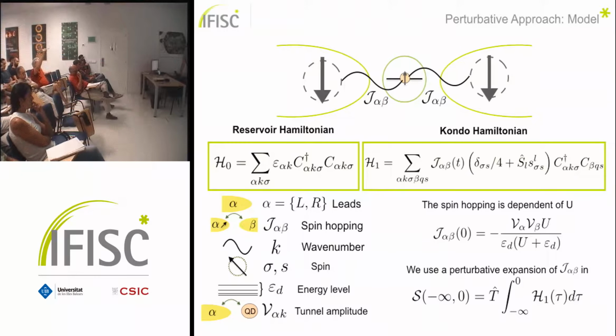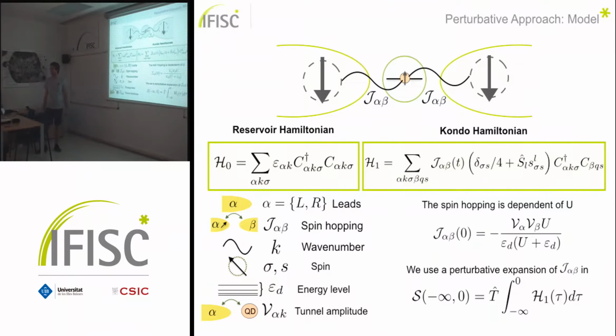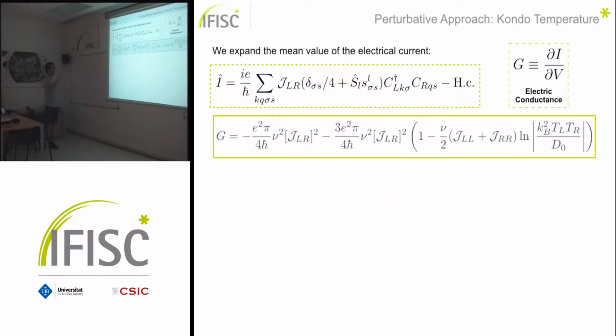Yeah. So we have implemented integrals in time, and we went to the Fourier space. That's why we don't have here any time dependence at all, and we are taking into account only the Kondo resonance.